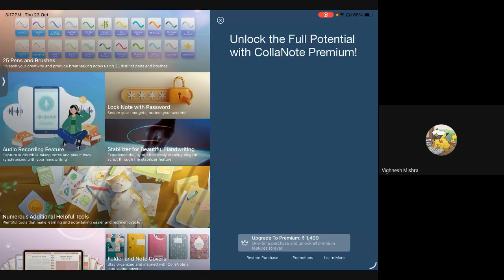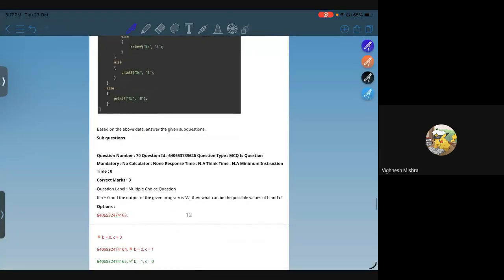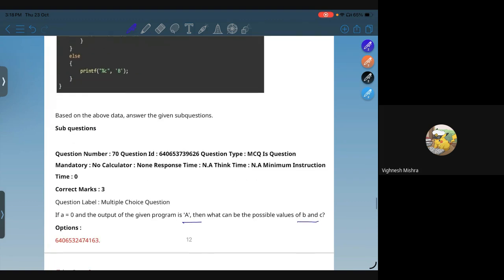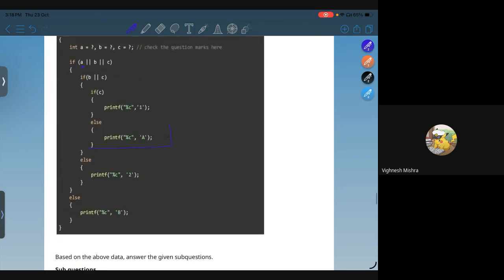Consider the following C program. If A equal to 0, the output of the given program is A, then what can be possible values for B and C? If A is 0, the output is A. This condition is getting executed.